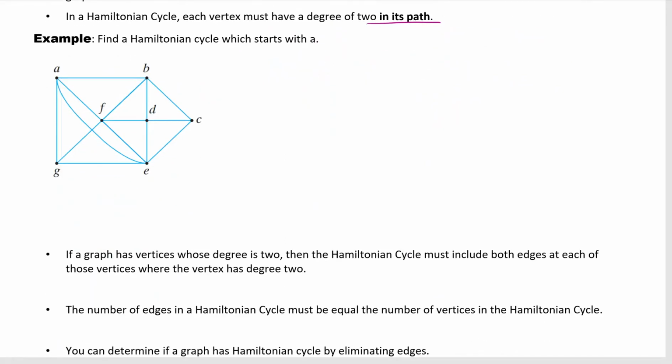Let's find a Hamiltonian cycle which starts with A. Let's think about this more. We know that an Euler cycle visits each edge once, right?